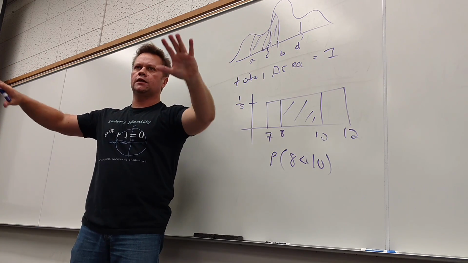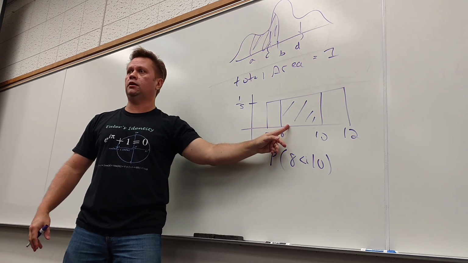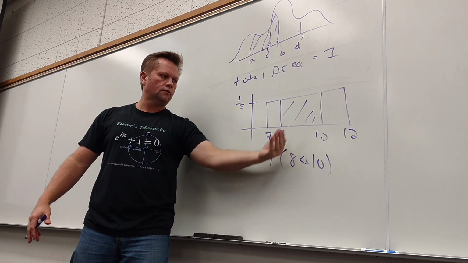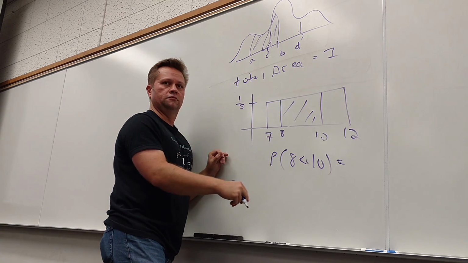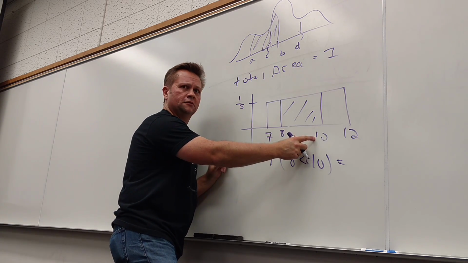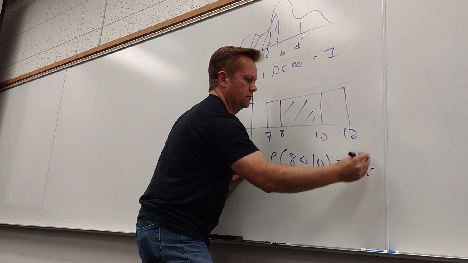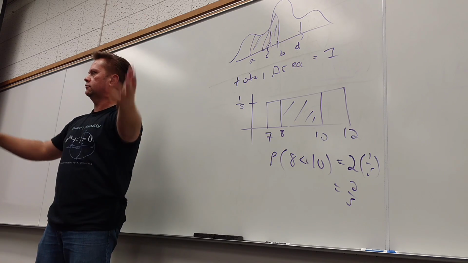Let all that sink in. So please let these problems be like, oh, thank the gods. Right? So what's the area of that rectangle? How wide is it? 2 times how tall is it? 1/5. So it's got a probability of 2/5. There's a 2/5 chance I'll get a kid between 8 and 10.